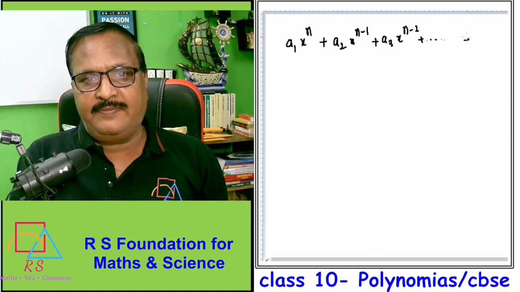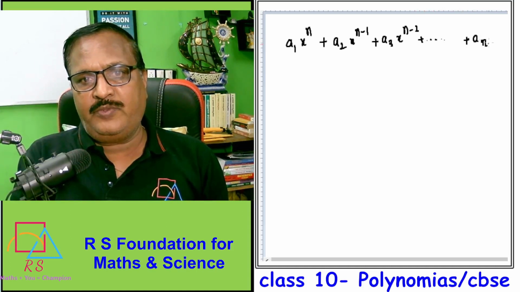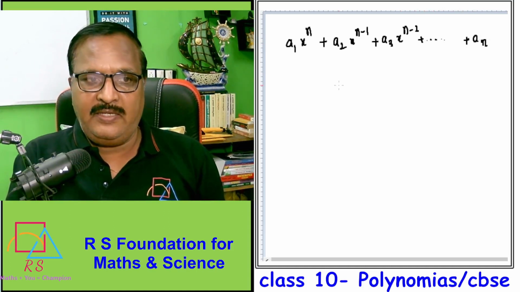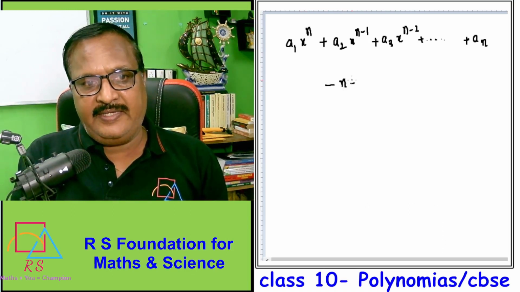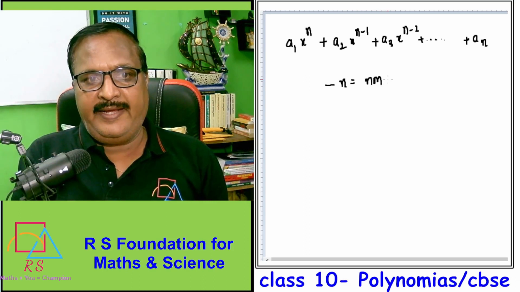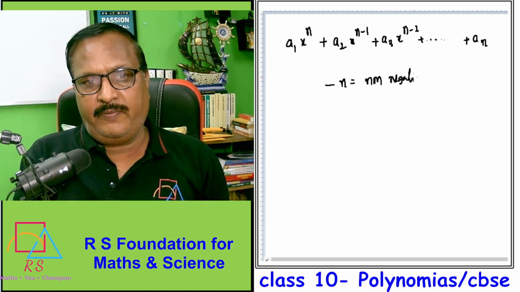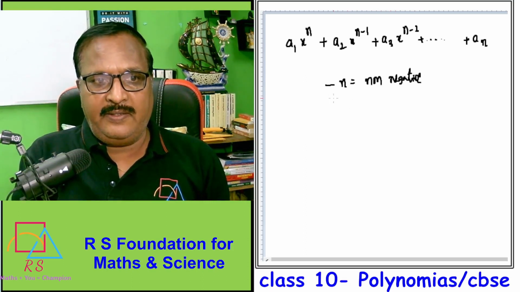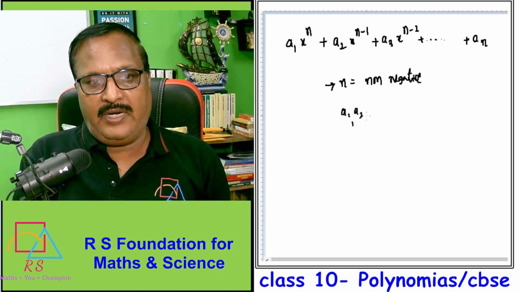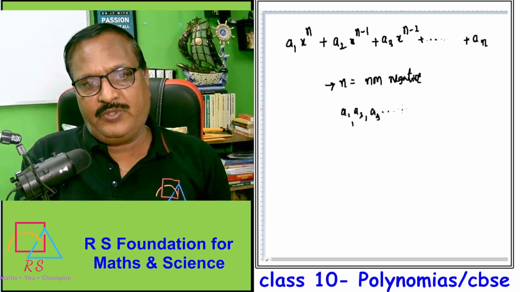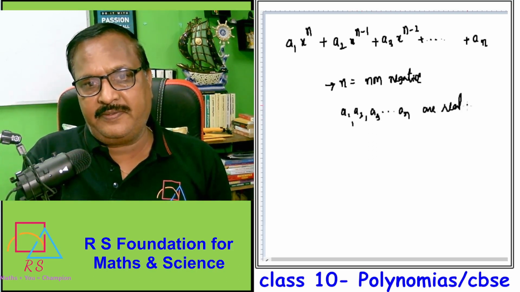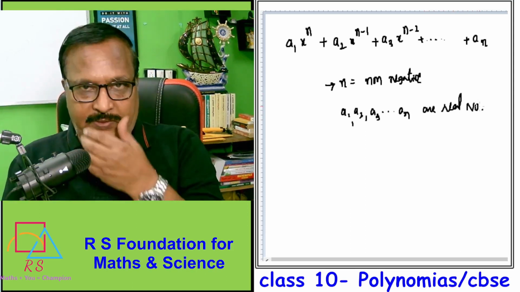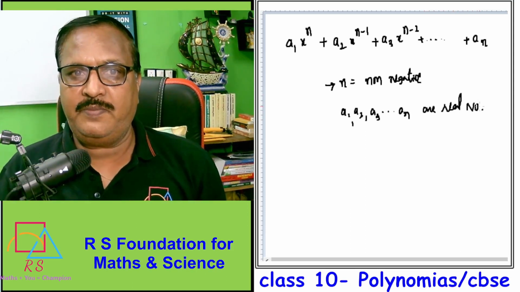The final term will always be an. So what are the specifications? n is a non-negative integer, and the second condition is that a1, a2, a3, and so on till an are real numbers. So this is how the general form comes.